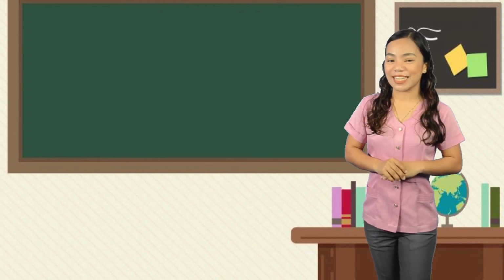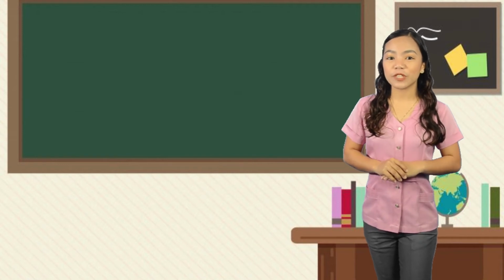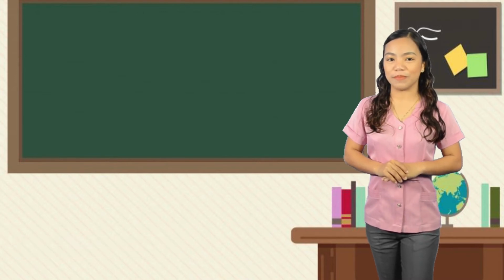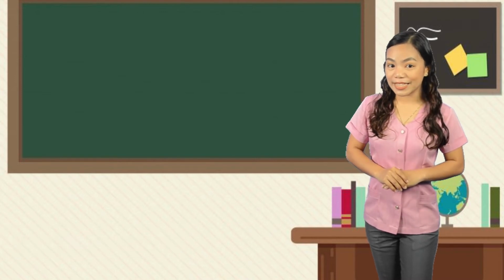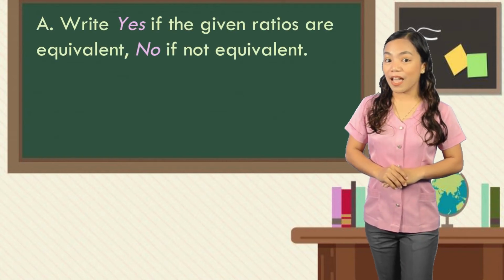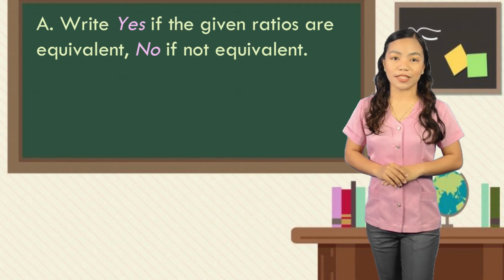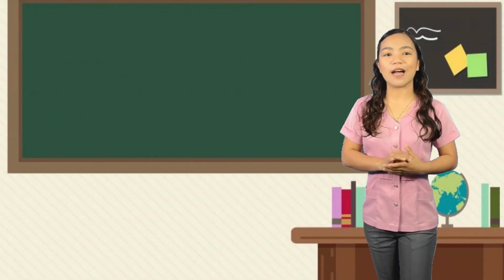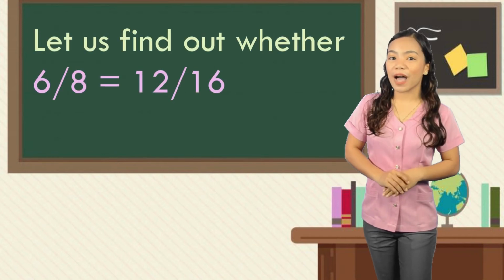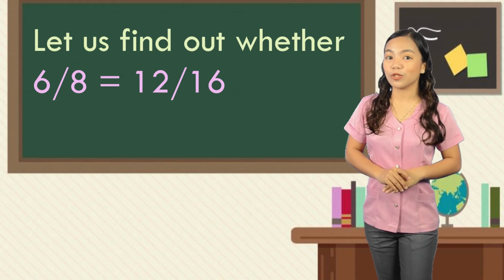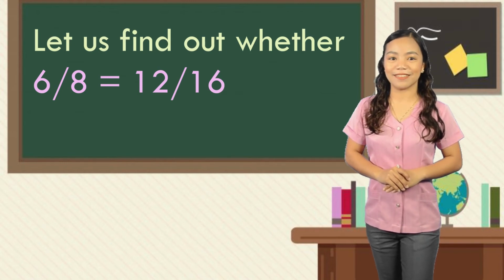Let us practice. On the 5th page of your module, let us carefully answer the following problems. Write yes if the given ratios are equivalent, and no if not equivalent. For example, let us find out whether 6/8 is equal to 12/16.